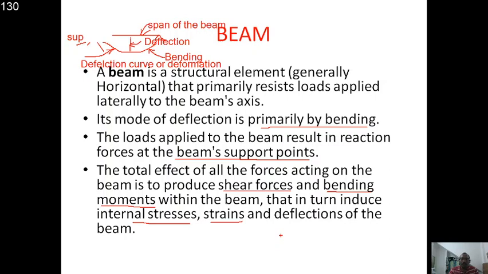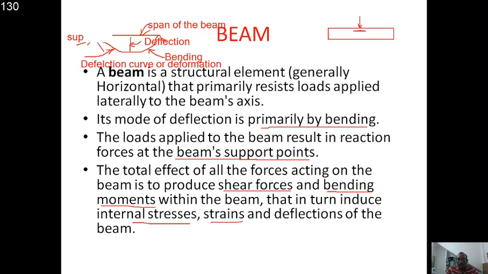Due to that load concentration, force by area, that area is under stress where the force acts. The stress is transferred from one end to the other end. You see that if I apply a load here, what happens to this point?